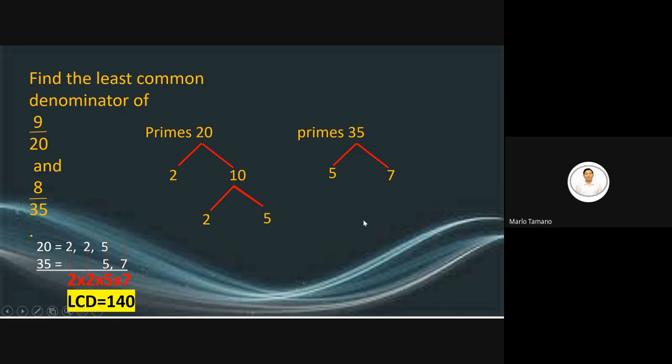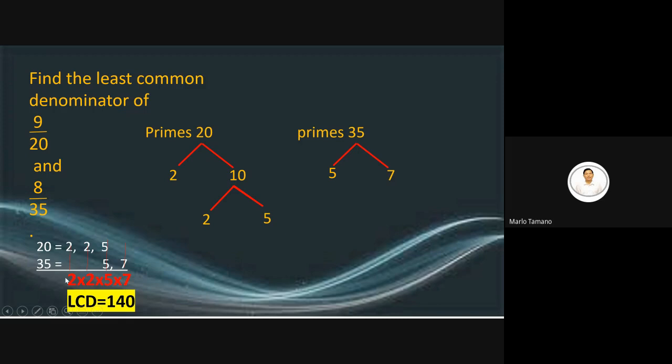Then next, isunod natin si 35. Let's get its prime factors. So, 5 times 7. 5 and 7 are already prime numbers. Okay. So ililist down na natin by column.